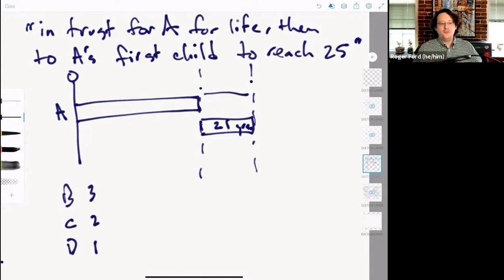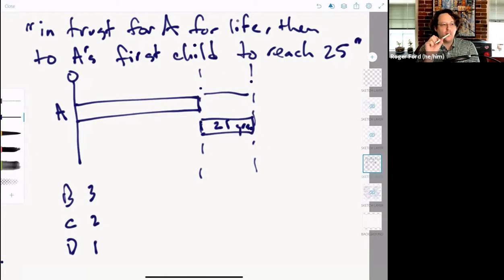Any one of those could be the first one to reach 25, right? Like maybe B dies before reaching 25 and then C does it, or B and C die and then D does it, right? But we won't know for certain who the first one is for 24 years.